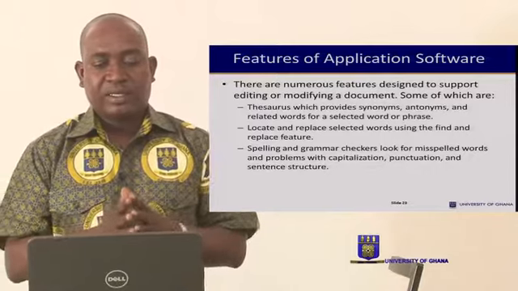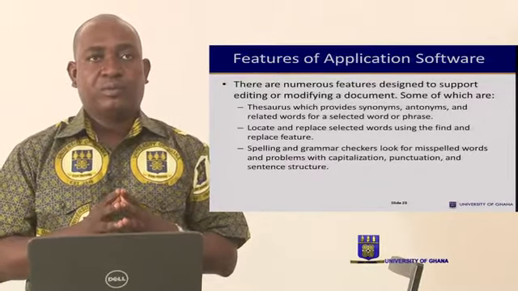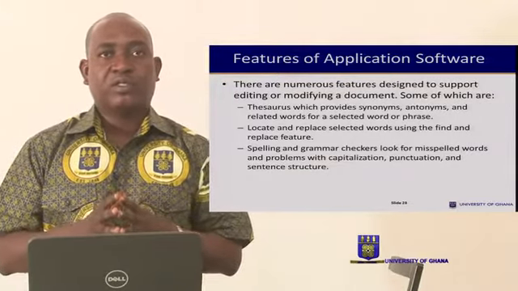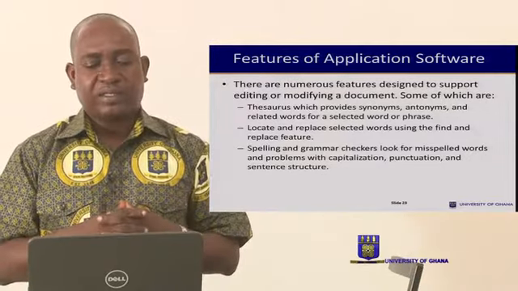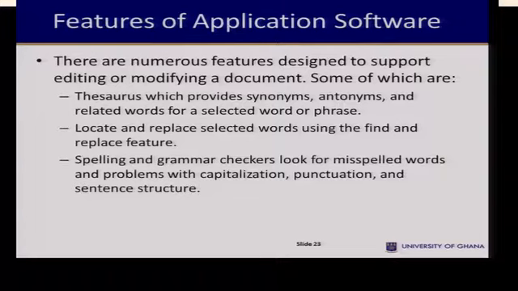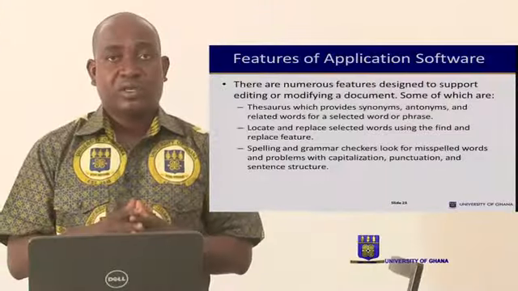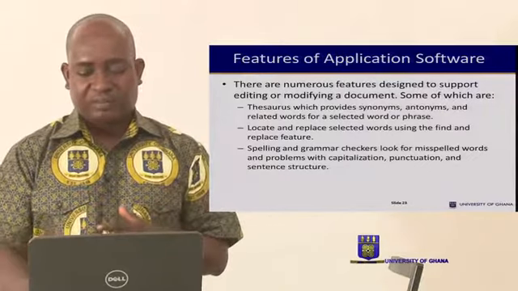Now, let's take a typical example, the Microsoft Office Word, to be precise. We have the thesaurus, find and replace, word wrap, spelling and grammar check, and all these are features of this word processor.